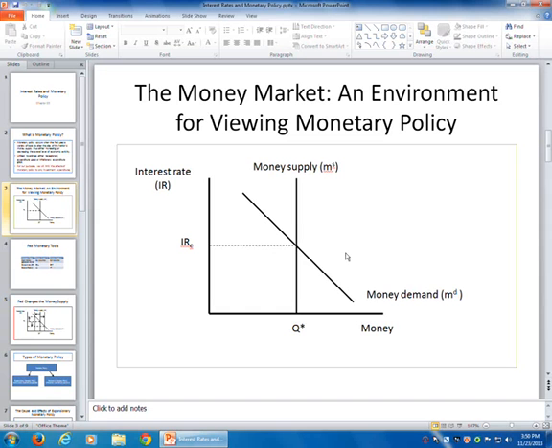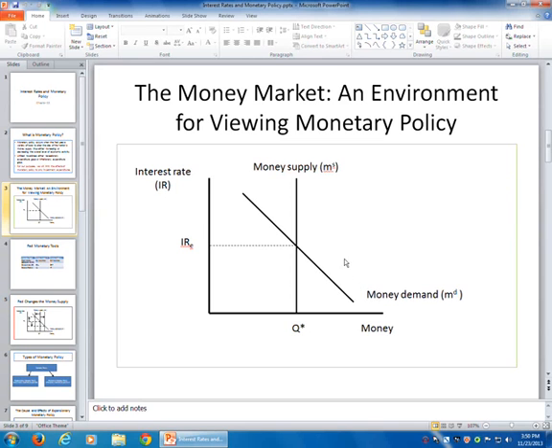If the interest rate falls, which means that I can borrow money less expensively, then I'd be inclined to buy more. So at a higher interest rate, the quantity demanded of money is lower. As the interest rate falls, the quantity demanded of money would tend to go up. So the money demand curve has that downward sloping behavior like demand curves we discussed in earlier chapters.